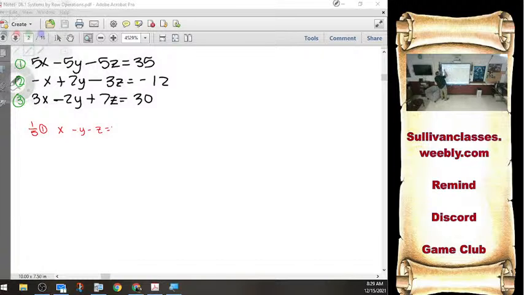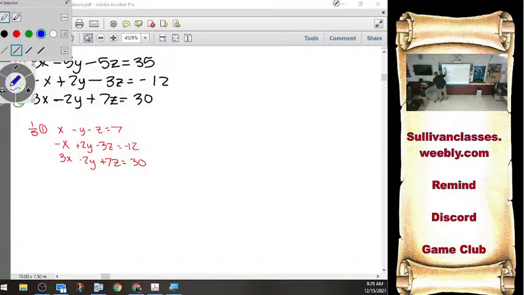Because I can't talk and write at the same time. Okay. So next to each iteration of this, I'm going to write, how did I get there? How did I get this line? I took 1/5 of the previous equation 1. Okay.